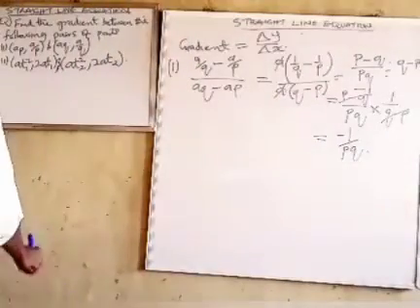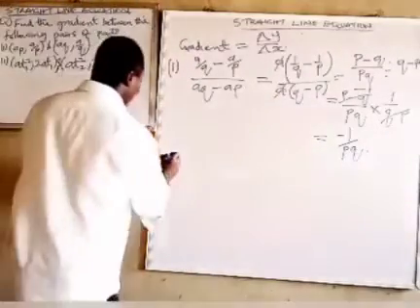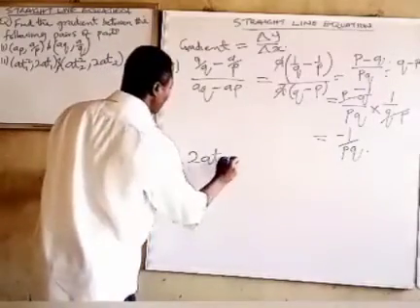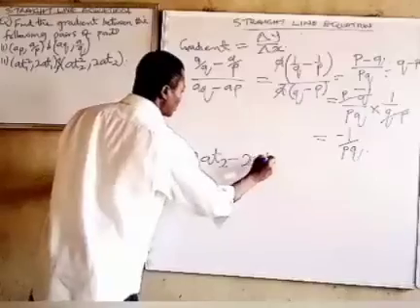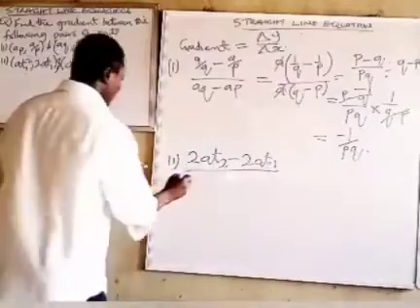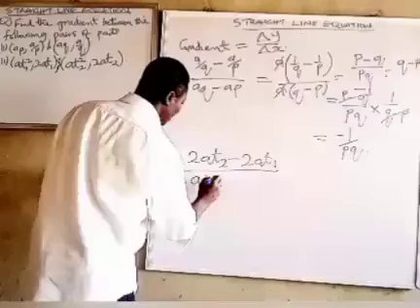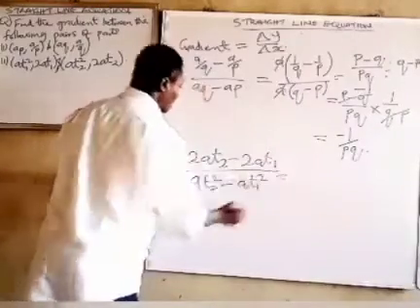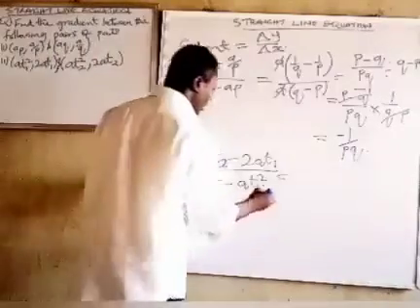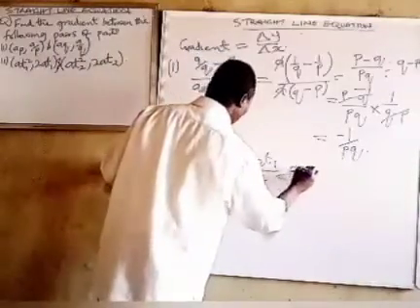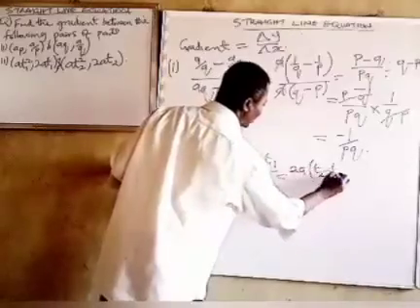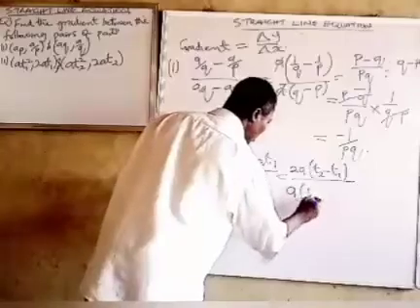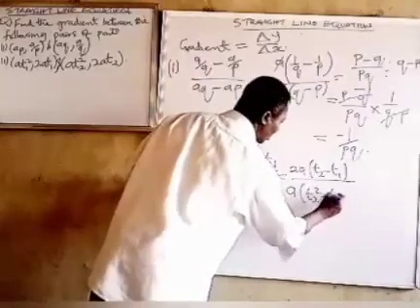For the second question, our change in y, we are going to have 2at2 minus 2at1 over at2 squared minus at1 squared. So we can factorize the numerator and denominator. So we have 2a into t2 minus t1 over a into t2 squared minus t1 squared.